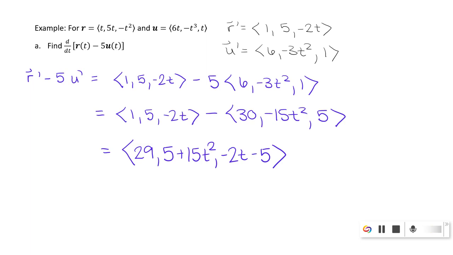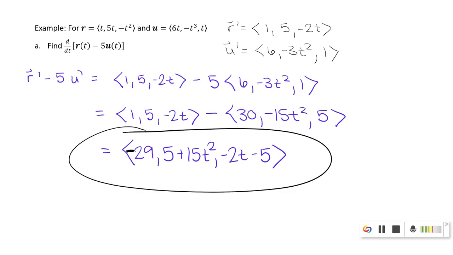So I distributed the 5 to my u prime, and then I subtracted the corresponding components, and that should give me, let's see, 1 minus 30, this should be a negative 29, and then 5 minus a negative 15t squared, so that's 5 plus 15t squared, and then negative 2t minus 5. Okay, so there's my final answer for that derivative.